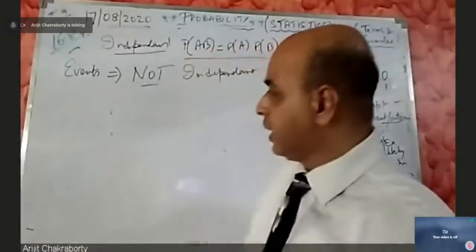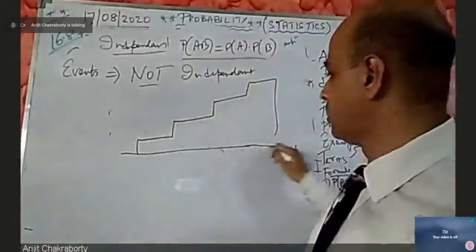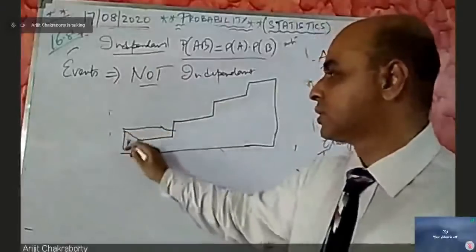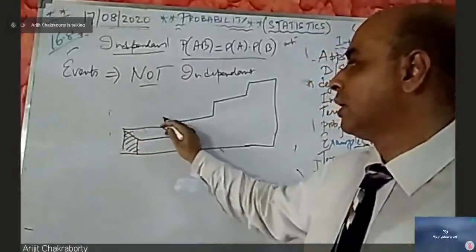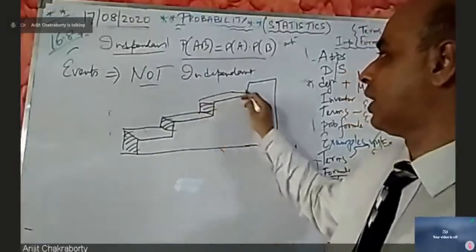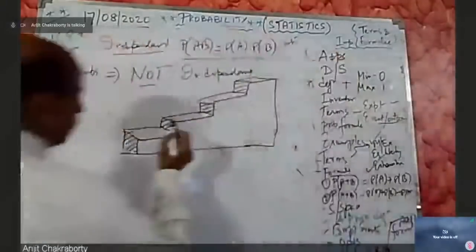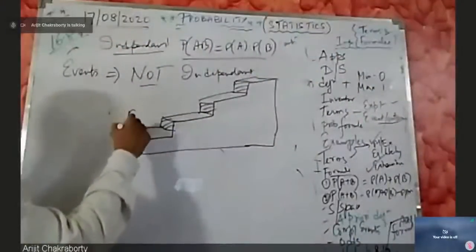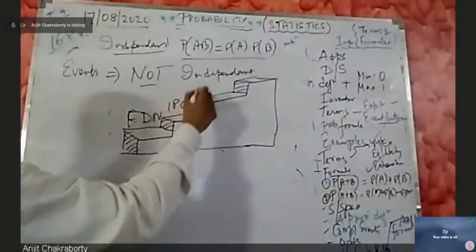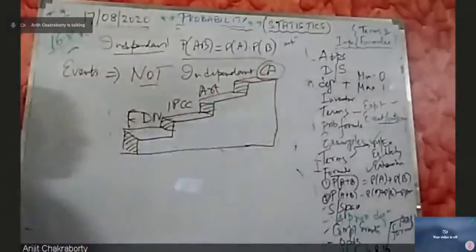It's like a staircase. If I do not reach one particular level, I cannot go to the other level. If I clear foundation, then I will go to IPCC, then articleship, then I will become a CA.